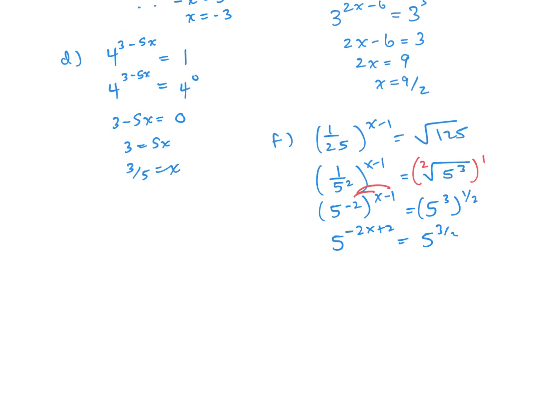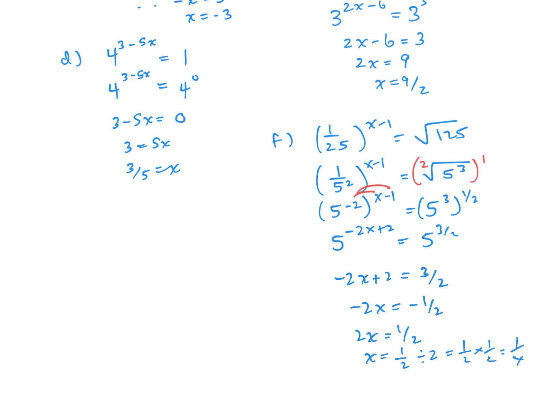Now that I have the same base, I can eliminate the base and just work with the exponents. So it'd be 3 over 2 minus 2, which is negative 1/2. So now I can divide both sides by negative, so 2x equals 1/2. So x is 1/2 divided by 2, or 1/2 times 1/2, which is 1 over 4.